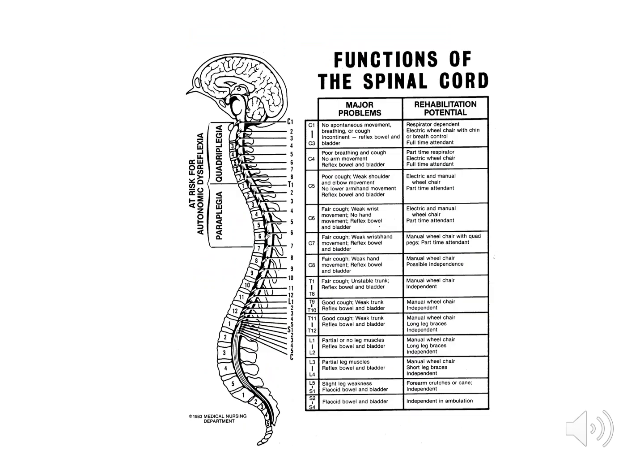So when I worked on a neuro unit, we had a big poster of this slide hanging in our report room. And when we knew we were going to get an admission who had a spinal cord injury, we would go into the report room and look at this poster, and we could anticipate what our patient would and would not be able to do.